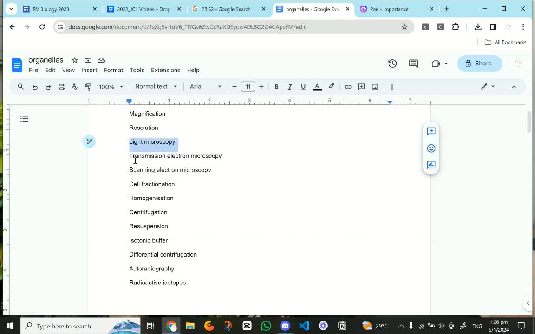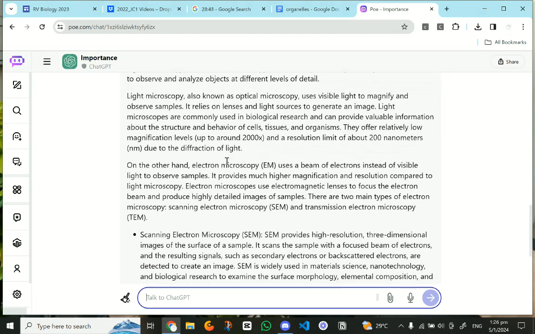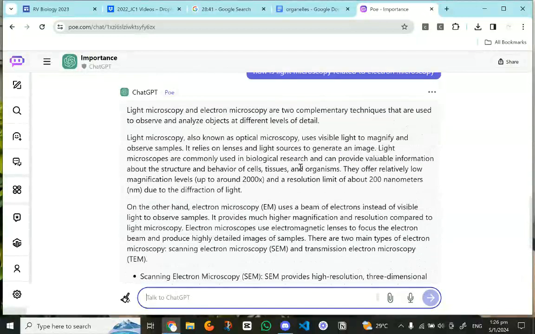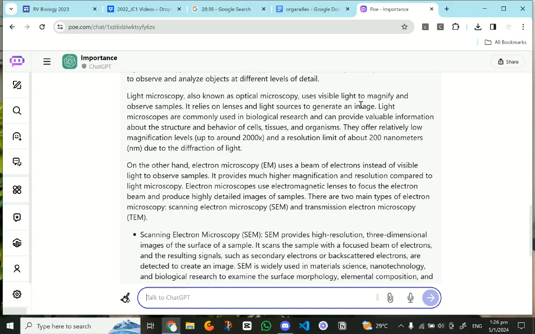And I was curious how electron microscopy was similar and different to light microscopy. So I asked it, and just scan through the answer.